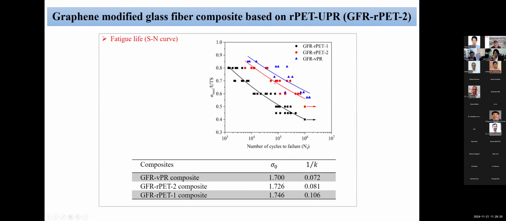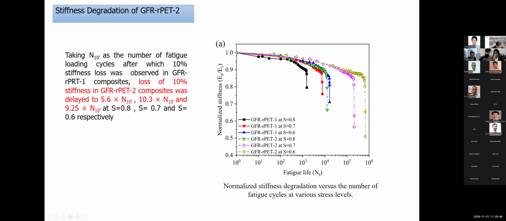So we come very near to the fatigue performance of the virgin polyester resin. That was one of the objectives of the project, to improve the fatigue performance of recycled resin-based material systems to be comparable with the virgin-based system. So this is now somewhat comparable, very near to the virgin material.